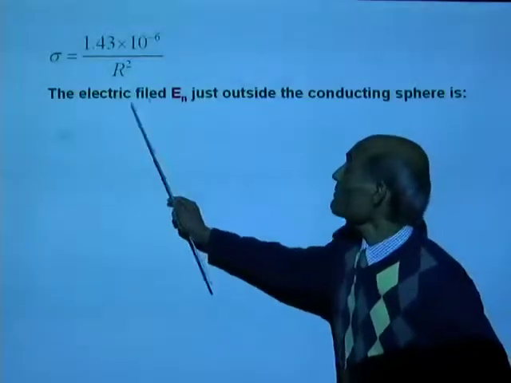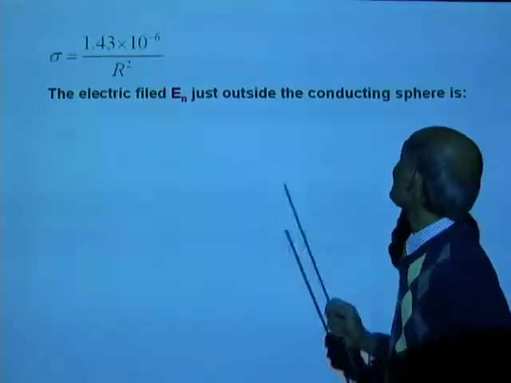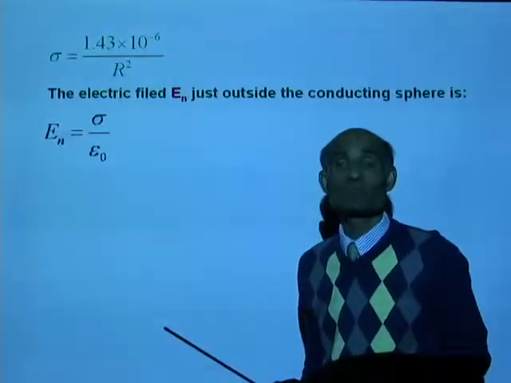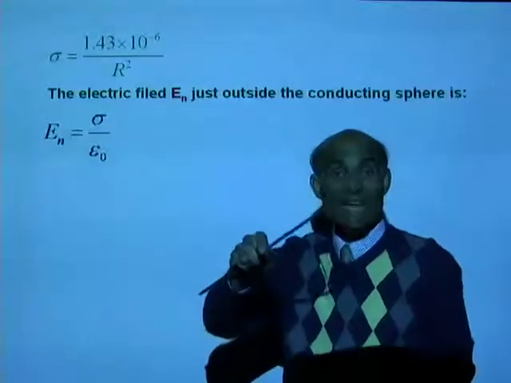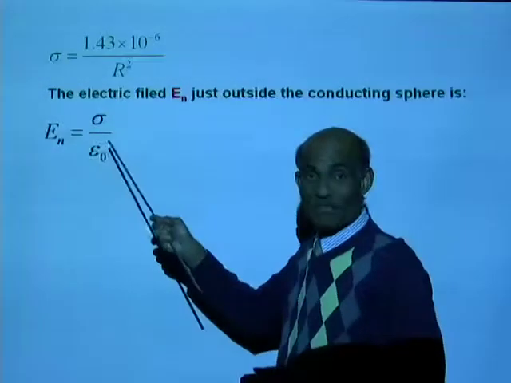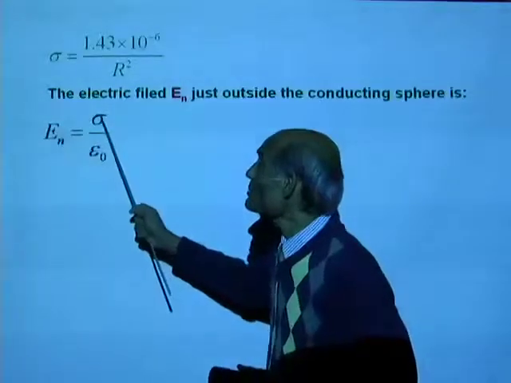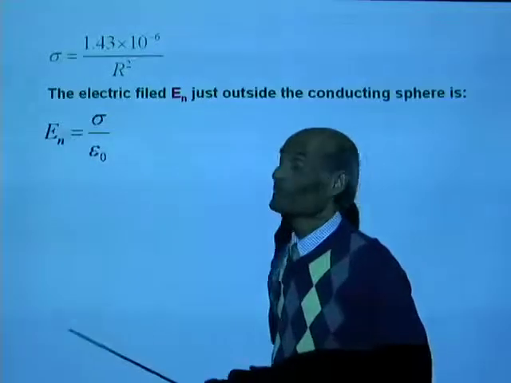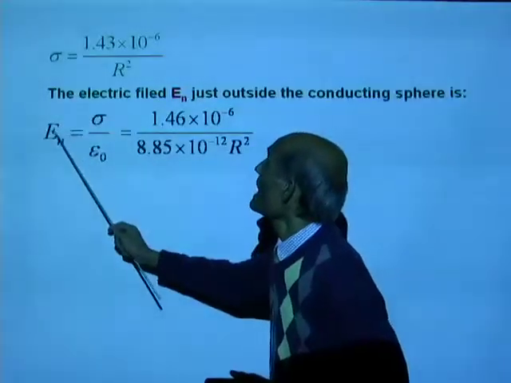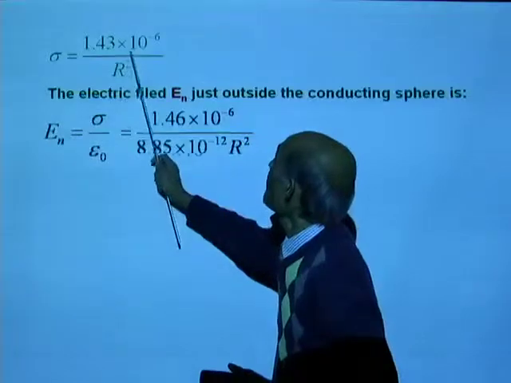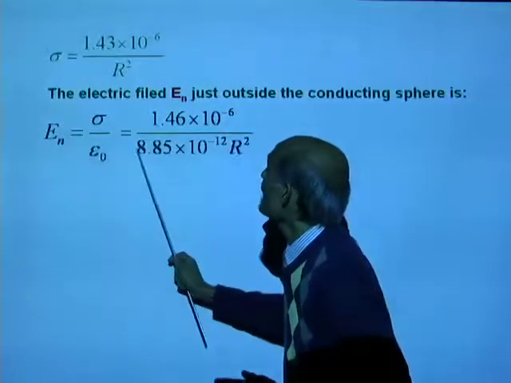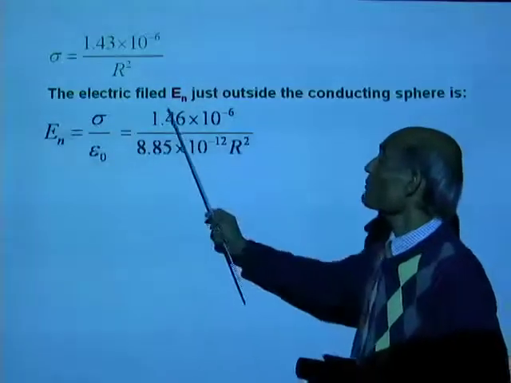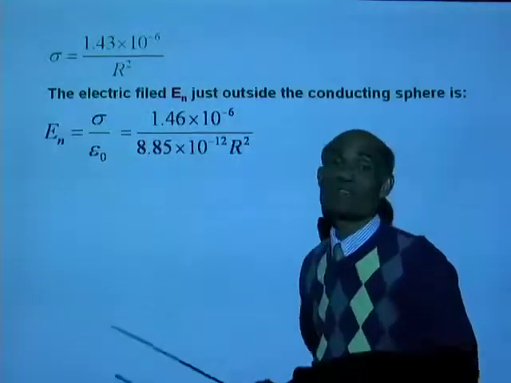Now, the electric field En just outside the conducting sphere is sigma over epsilon naught, which is actually kq over r squared. It will give you the same result. So E equals sigma over epsilon naught, and sigma is this value. So if you now replace sigma by this value and use epsilon naught as 8.85 times 10 to the negative 12, this will be the electric field.